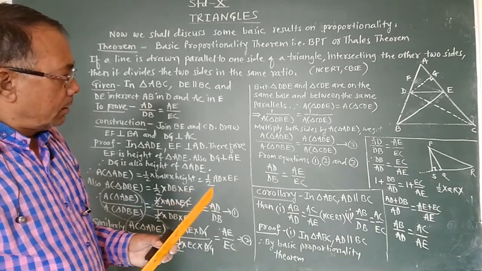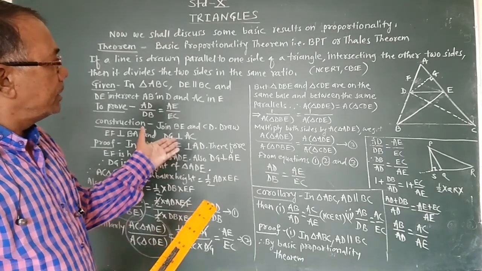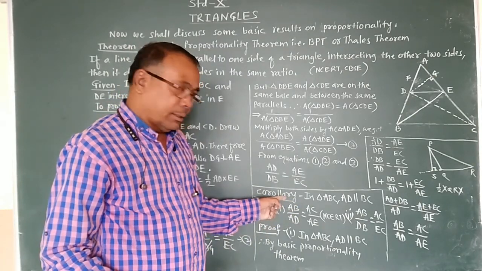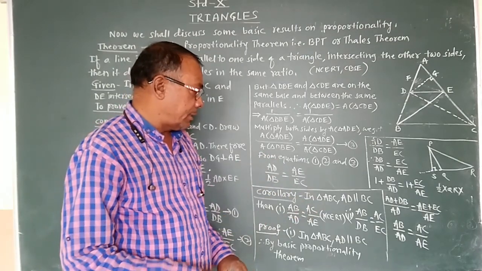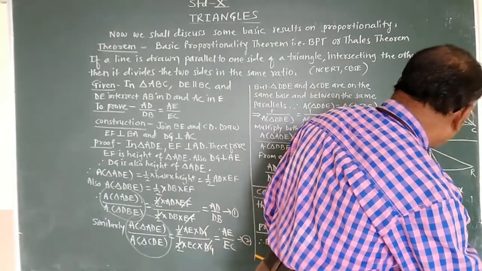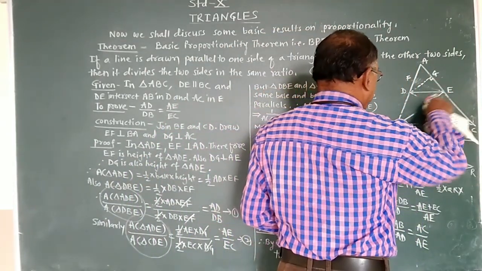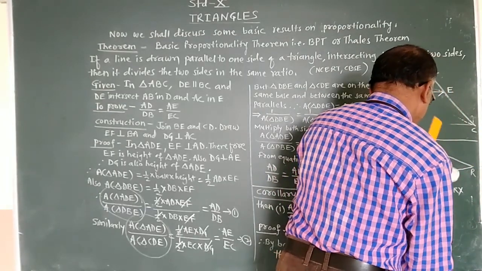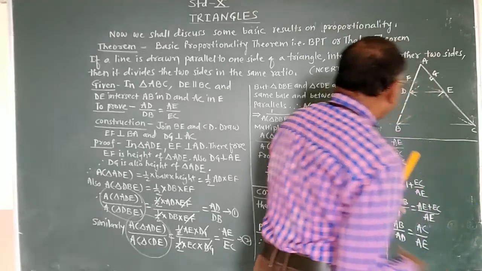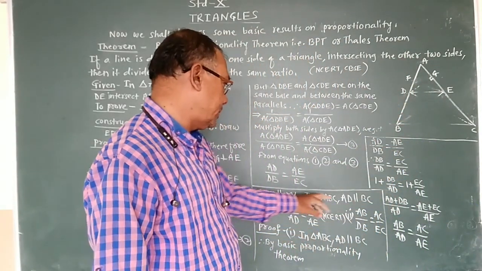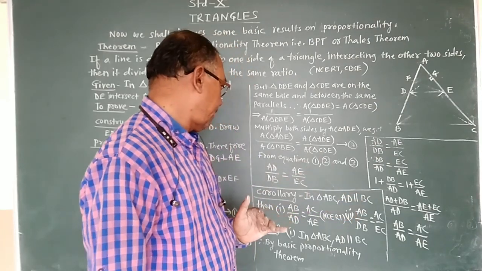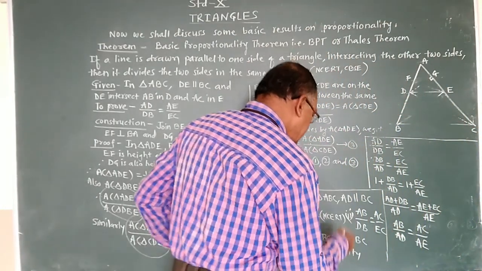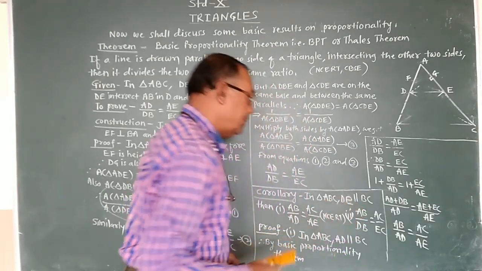Now related to this BPT, there are two corollaries, and we will see now in a triangle ABC, it is given that DE parallel BC.